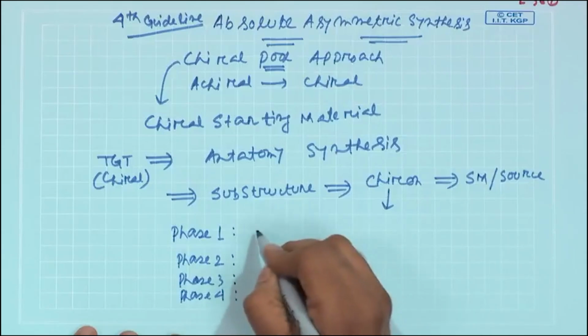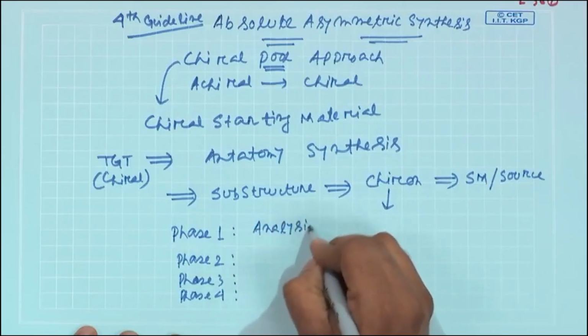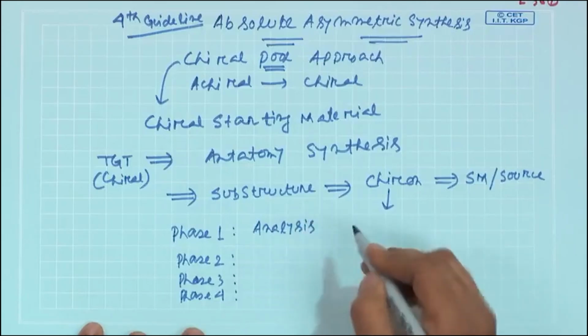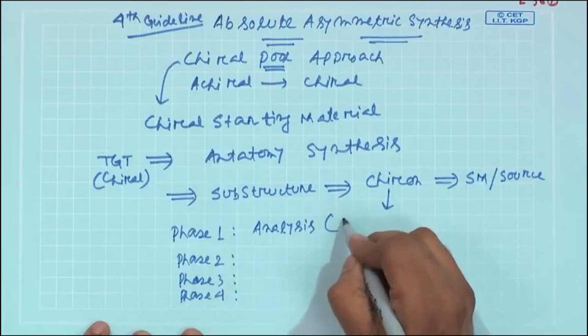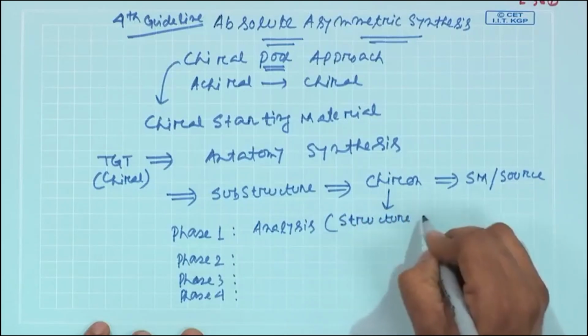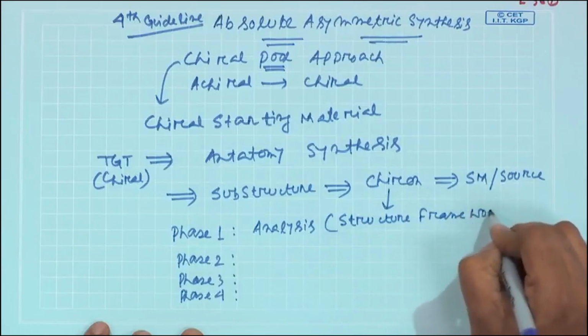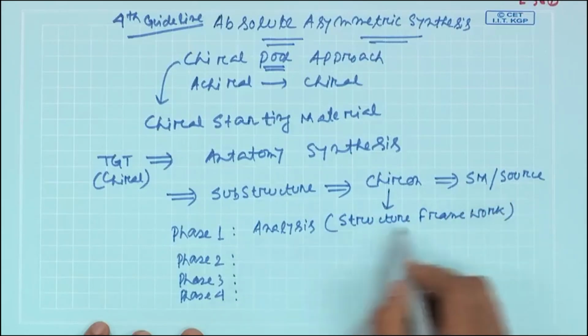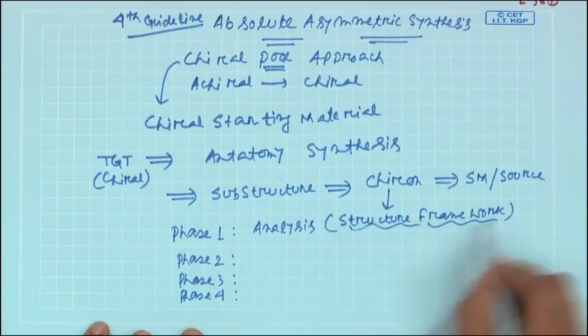The first one, we do the analysis of how this target can be constructed. This analysis means you have to think about the structural framework of the given target. We analyze the structural frameworks of the given target and what stereocenters you need to construct.